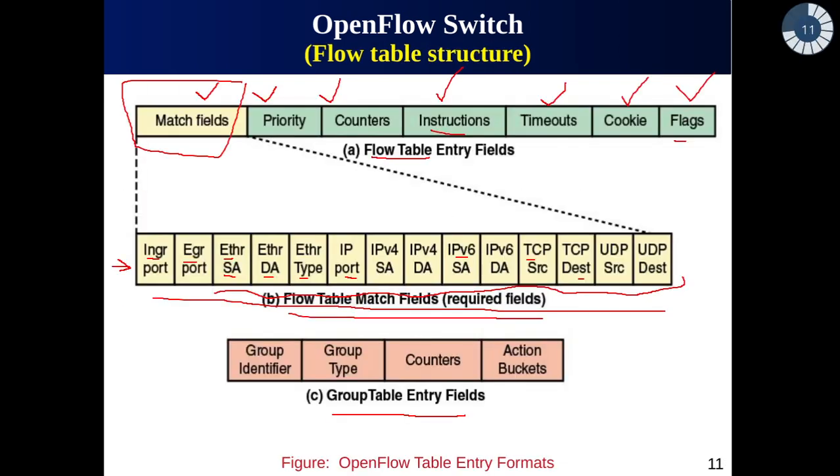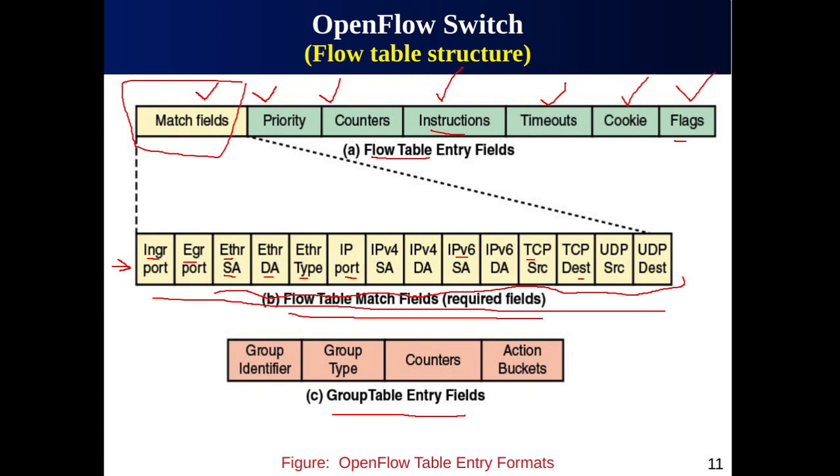Okay, so next let us see what is inside this instruction field. This instruction field is also a basic component of the table, and the entries consist of a set of instructions that are executed if the packet matches the entry. As I just mentioned, these instructions would be executed if there is a match between the incoming packet data fields and the fields of the flow table.